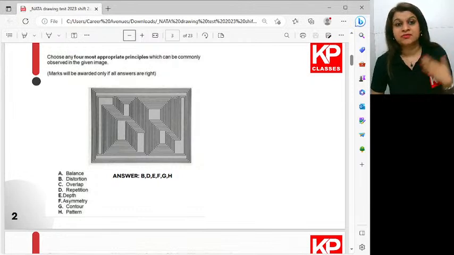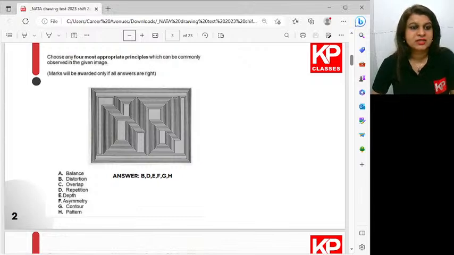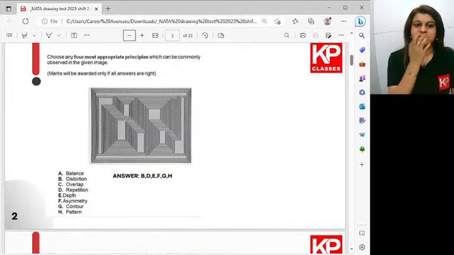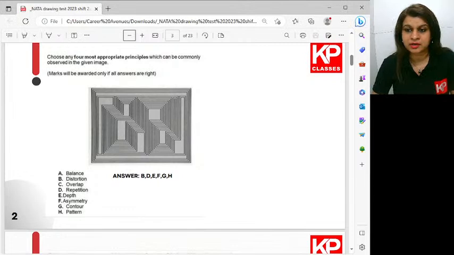As we discussed in our last YouTube live session also about elements and principles of design and how important they are during your examination, questions will be asked based on these particular topics. So we can see there is a lot of distortion in this particular image. The element or the principle of distortion is there over here, right?